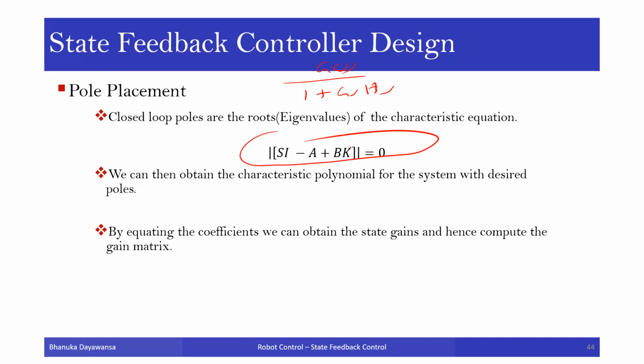The entire objective of control is, in the traditional case, by changing the controller parameters we control the system dynamics. In this case, by changing this K value, we control the system. That's the entire idea, right?